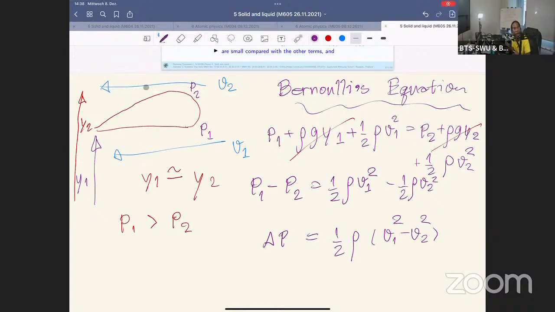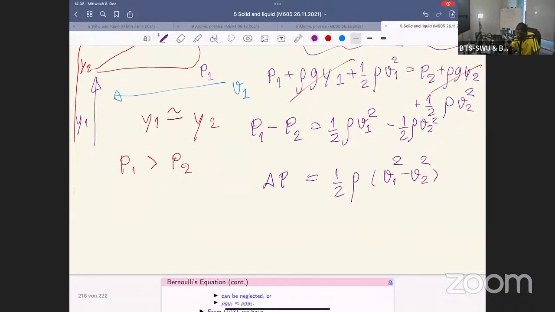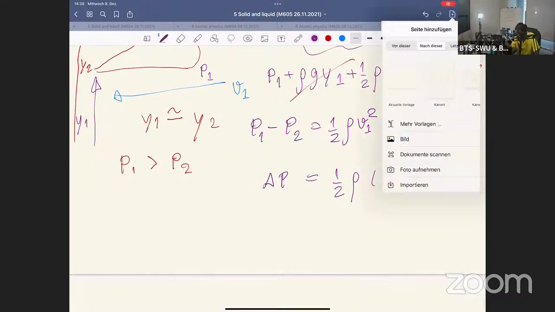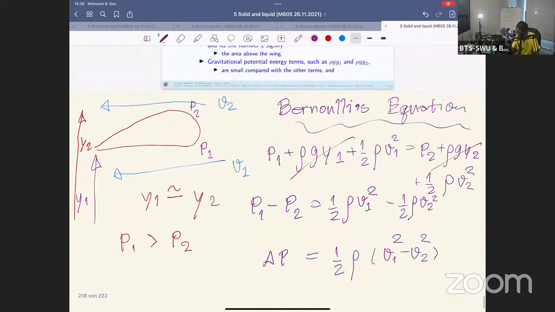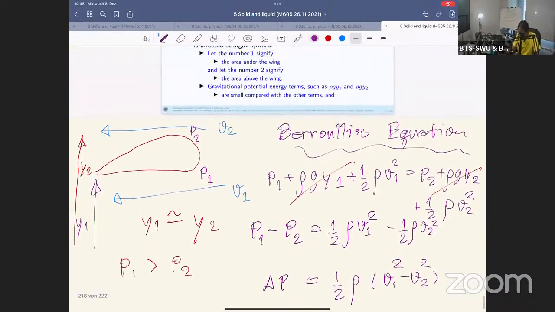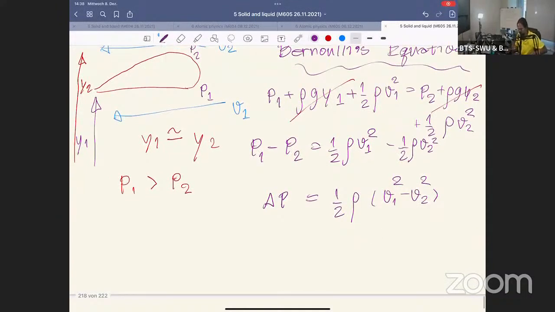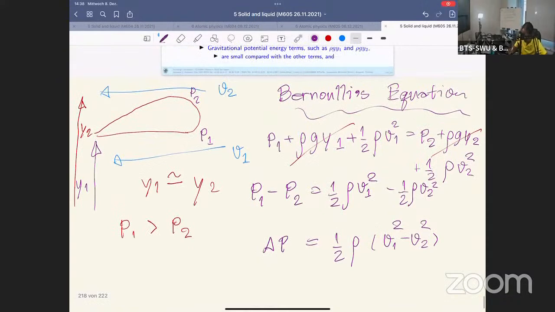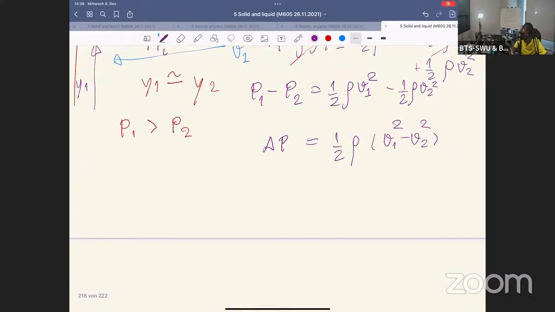Now let's try to find the lift force. Let's say the lift force is FL, and it's going to be the product of the pressure difference and the area of the wing, right?